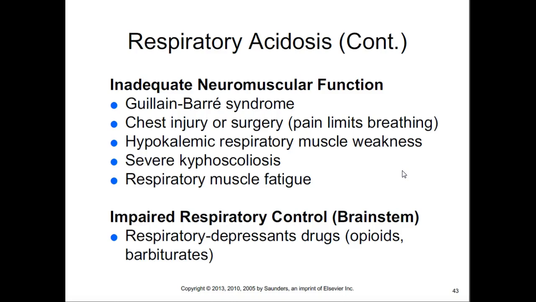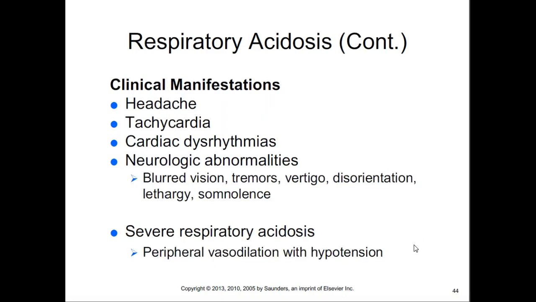Hypokalemic respiratory muscle weakness. Severe kyphoscoliosis, so that you have an inadequate ability to expand the lung, respiratory muscle fatigue, and impaired respiratory control with opioids or barbiturates, which are respiratory depressants.